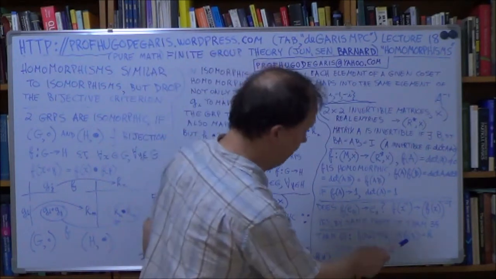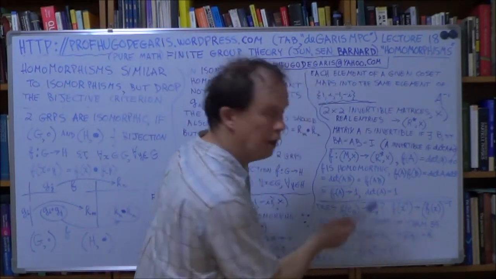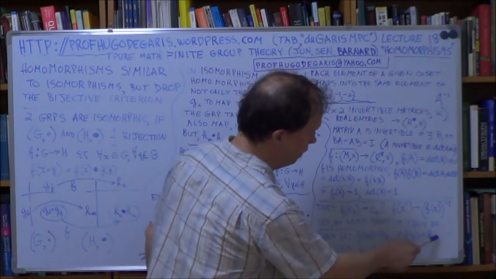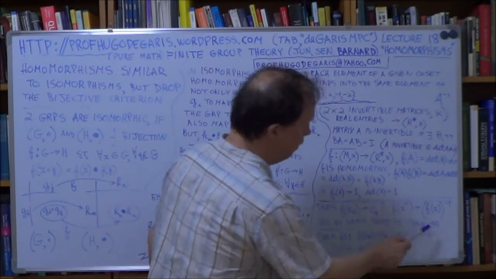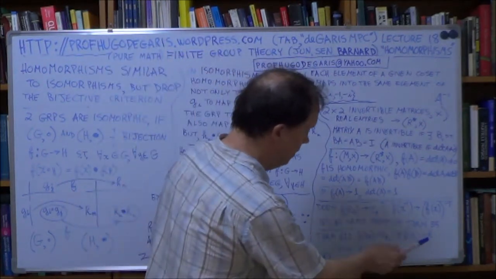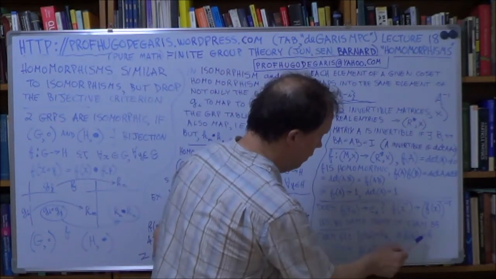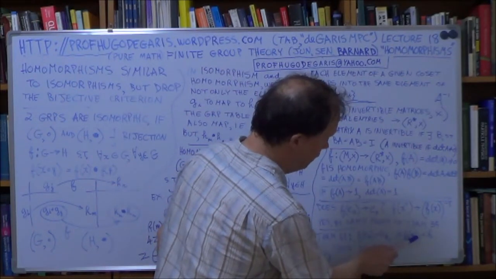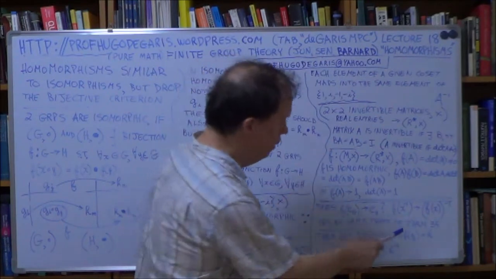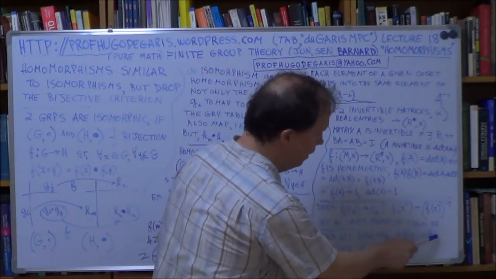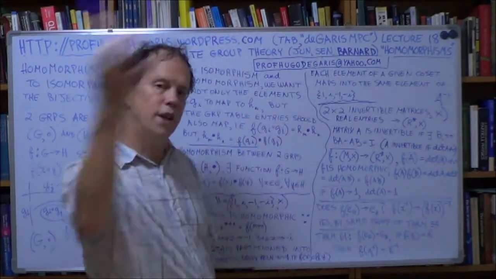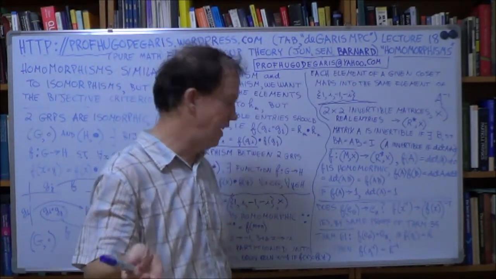And if you take any element little g of your group G and map it into H, this is a member of your second group, H. Do the inverses of G map into the inverses of H?